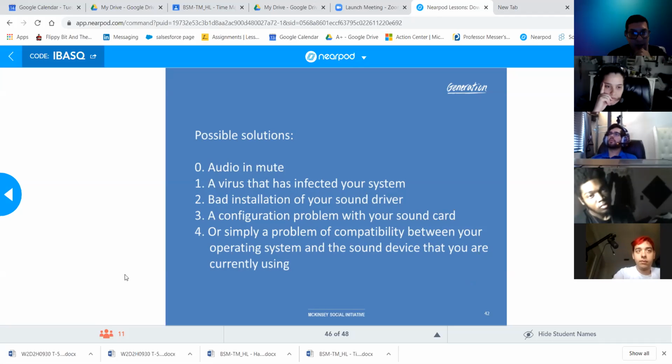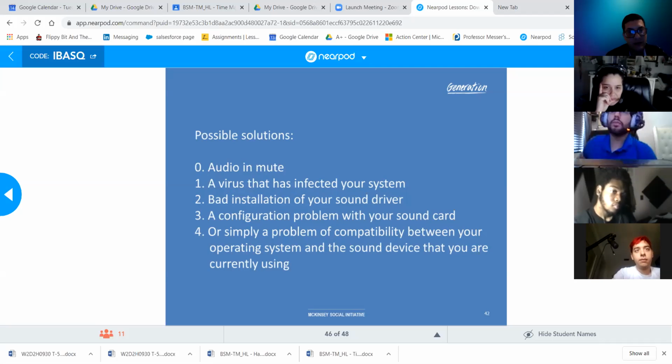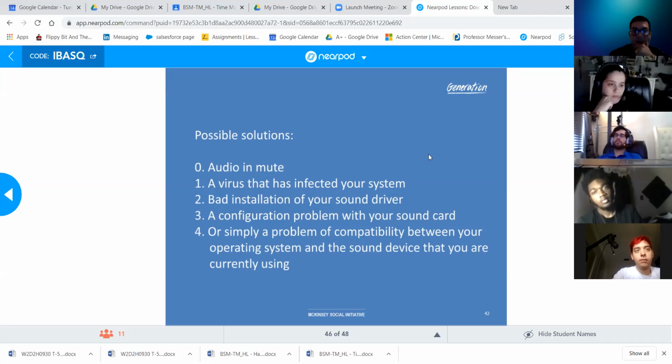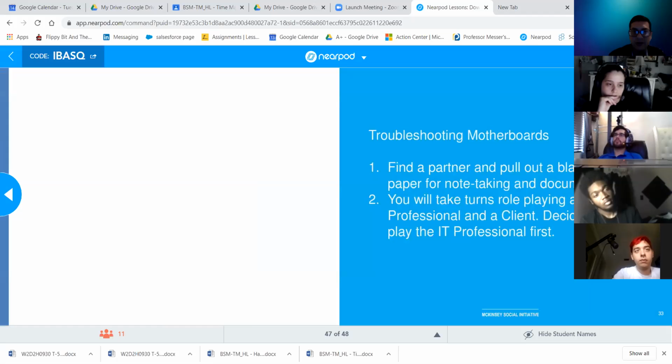Configuration problem on the sound card, or a problem with compatibility between the operating system and the sound device. So I think we kind of honed into each one. We went from the least invasive and we came up with other solutions. Obviously, the first one we're going to test is the least one, and then progressively go to the next and next and next to make sure.